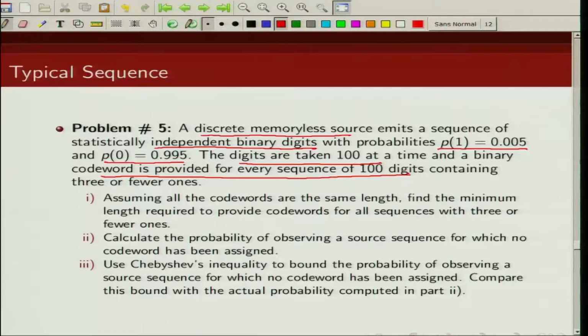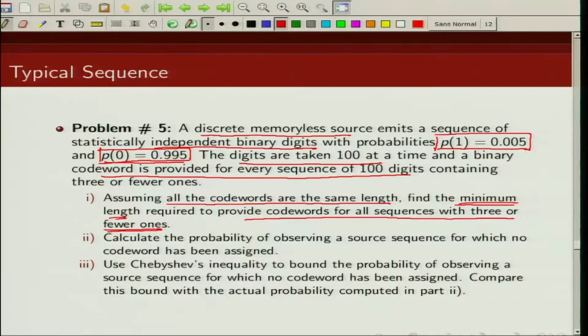So we have a binary discrete memoryless source emitting zeros and ones, zeros with this probability and 1 with this probability. We are taking 100 bits at a time and assigning a code word. Now assuming all code words are of the same length, find the minimum length required to provide code words for all sequences containing 3 or fewer ones.